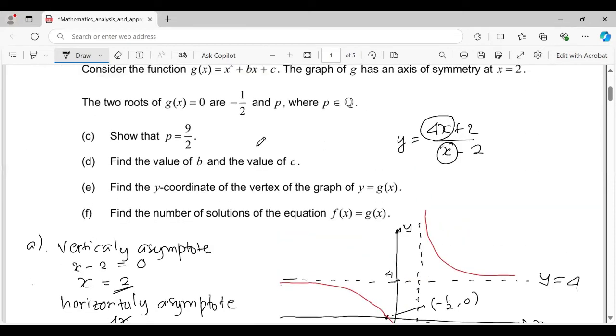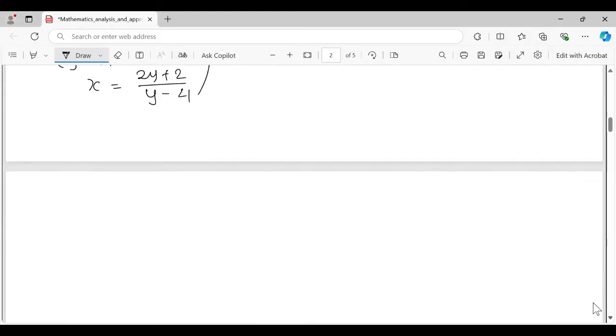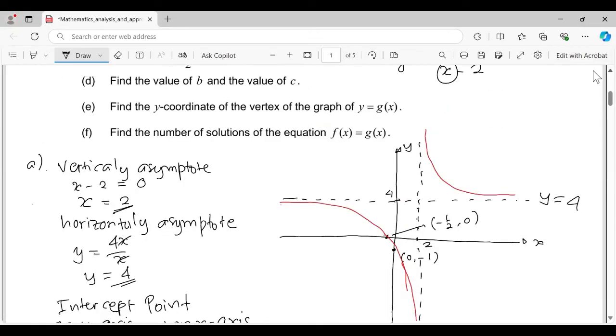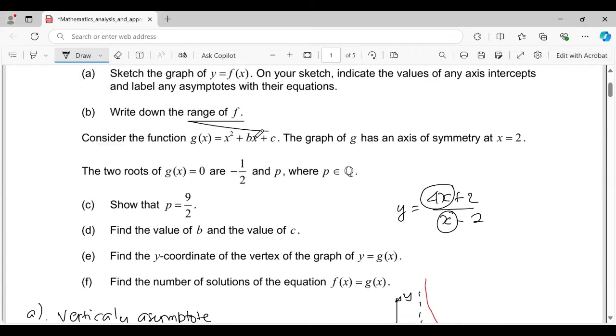C. Show that p equals 9 half. We're going to prove that p equals 9 half. According to the information that g(x) equals x squared plus bx plus c, this is a quadratic function.